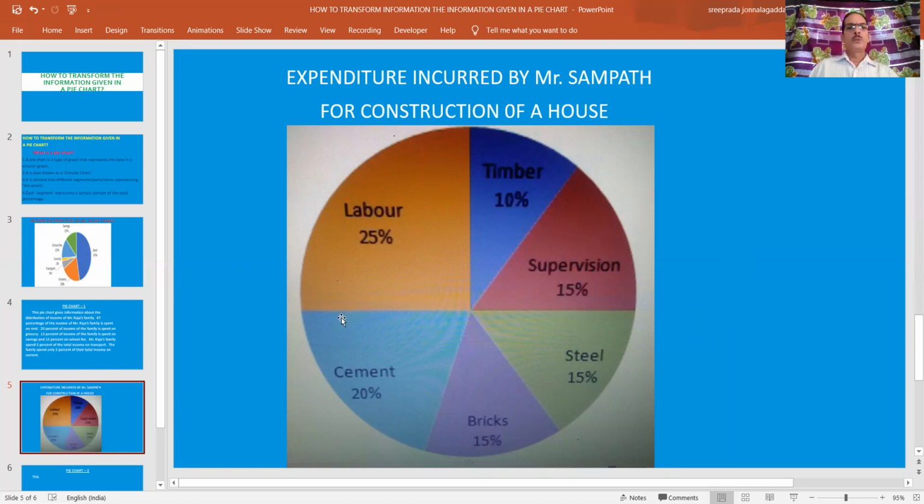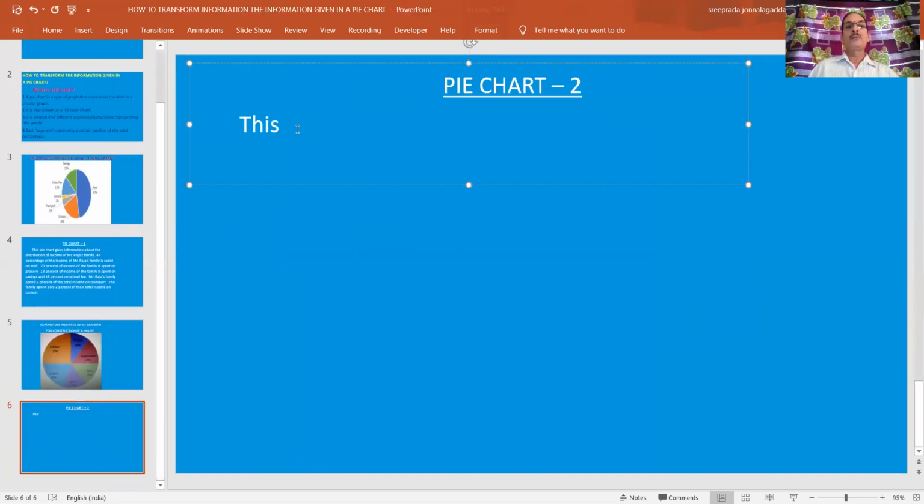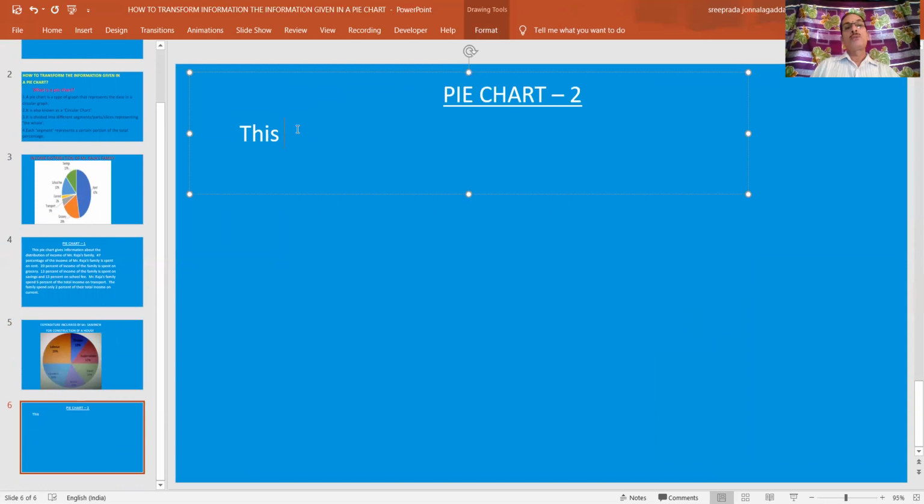Now let us try to transform this information into a paragraph. What does the pie chart show first of all? This pie chart, or you can also write the given pie chart, gives information about the expenditure.